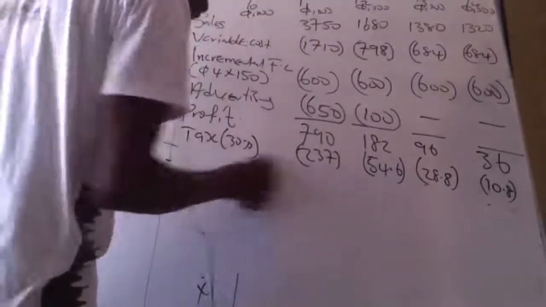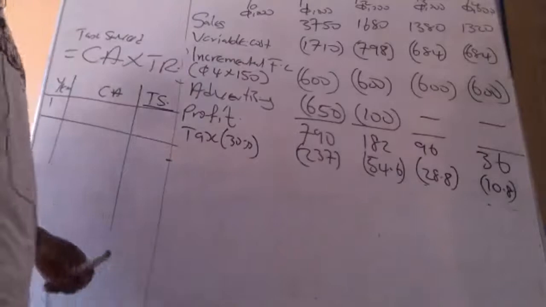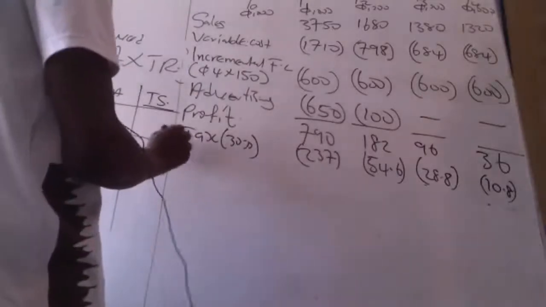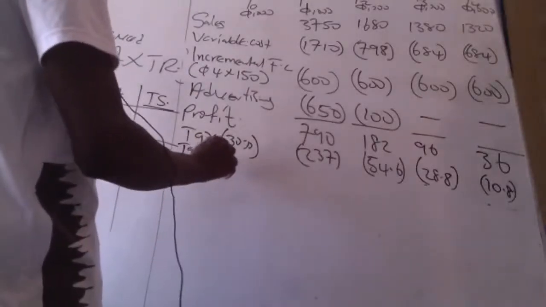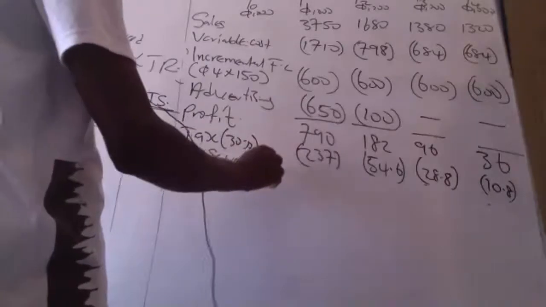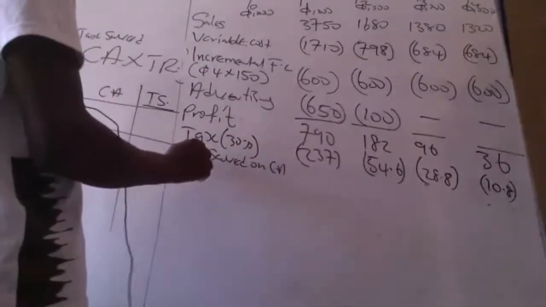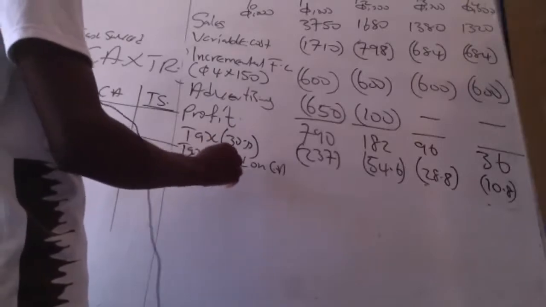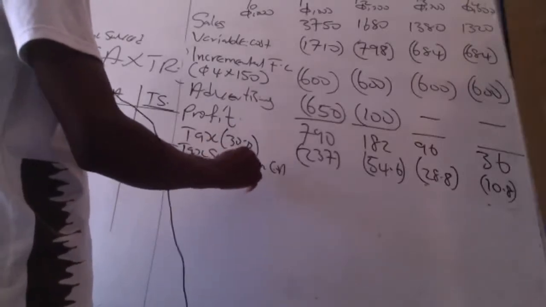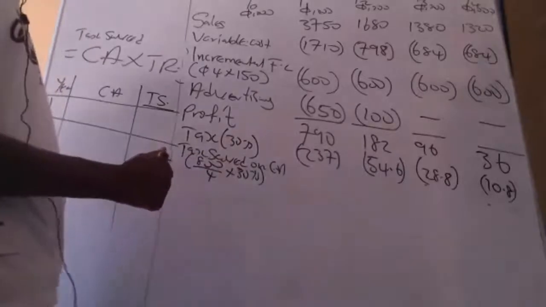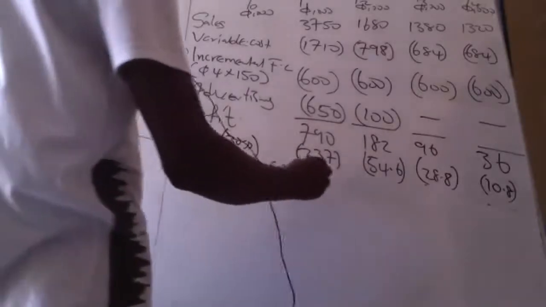So tax saved on capital allowance will be 60, and show the working. So tax saved on CA, capital allowance. If I can show the working here, that will be 800 divided by 4 times what? 30%. That's the 60. Good. And it will give us 60.